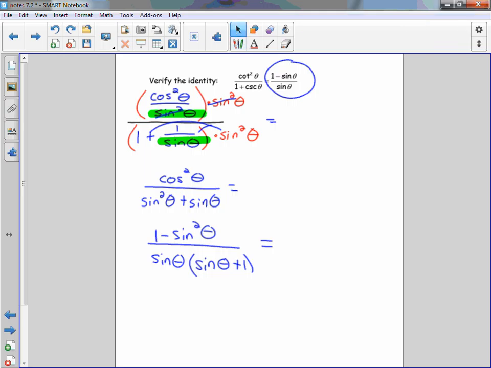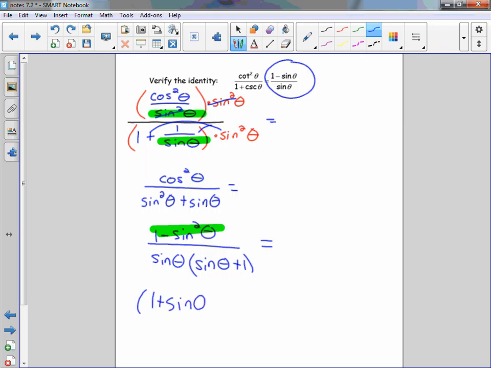One issue here, I have sine theta plus 1, all right? That's got to go away, right? And we can get that to go away by hopping on the factor tracker. This is a difference of 2 squares, okay? We can factor that, like we did yesterday, into 1 plus sine theta times 1 minus sine theta, all right?